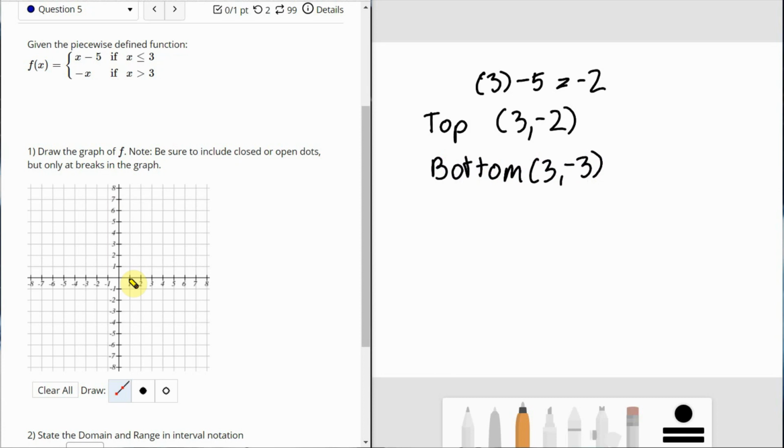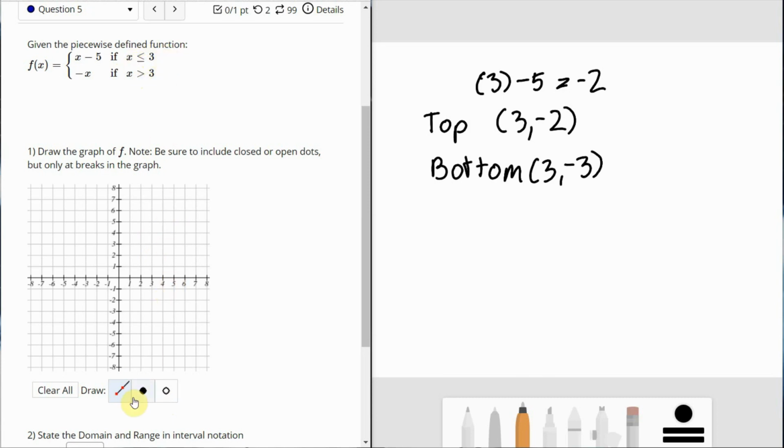However, I have to figure out whether to use an open or solid circle. I can determine that by looking at the domain restriction. If x can be equal to 3, I'll use a solid circle. If x cannot be equal to 3, I'll use an open circle. For the top expression, because the inequality symbol has a line under it, x can be equal to 3.